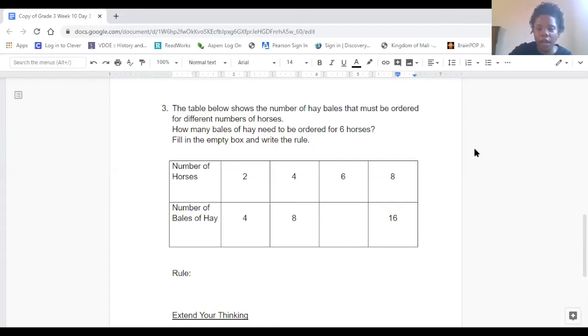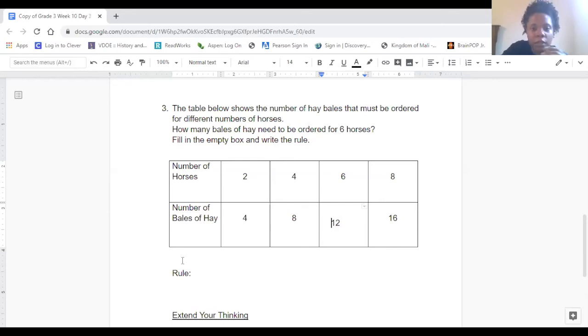And if I do that, 6 times 2 is 12. Let's see. Right, it's 12. Let me make sure.